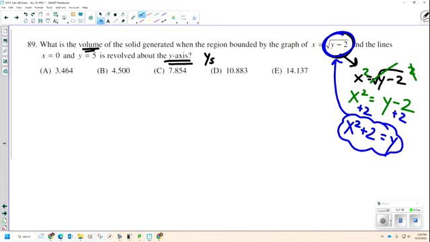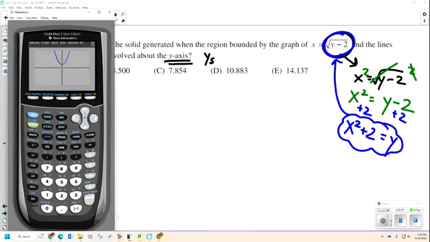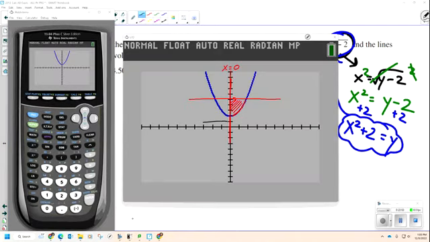I don't want to go any more this way, so I don't care about this side of the x-axis, and I really don't care above the line y equals 5. So let's change our window so that we don't include the negatives on the x, and we don't include anything much bigger than 5 on the y. If you want to use zoom box, you can.